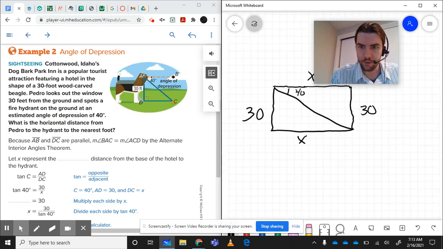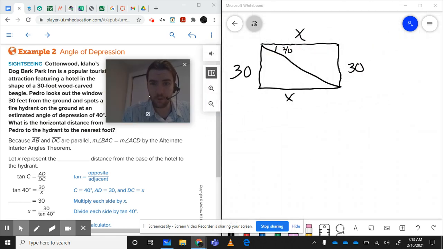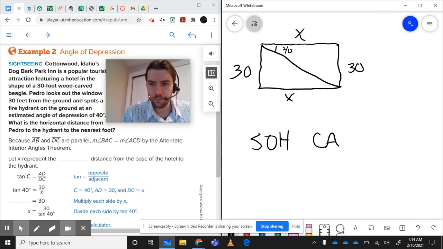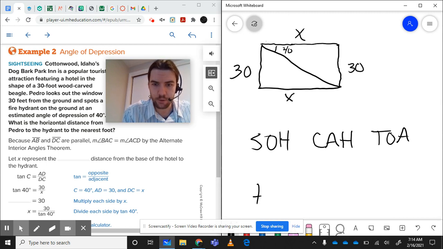Recall that our options here come from that little phrase, SOHCAHTOA. Okay, so if we want opposite and adjacent, we're looking for the tangent. So we're going to say the tangent of 40 degrees equals opposite over adjacent.